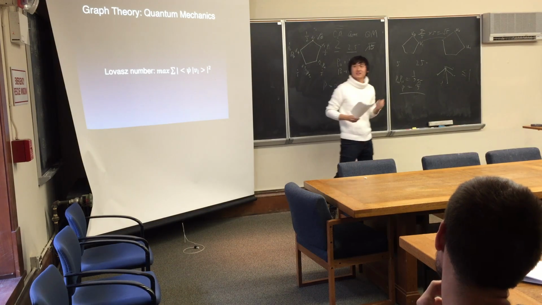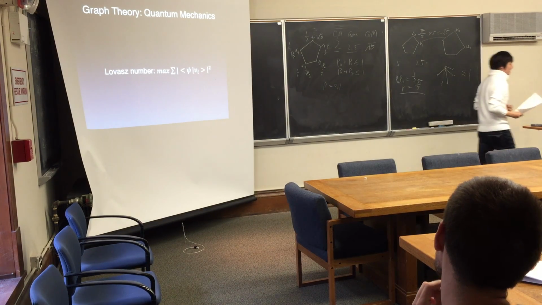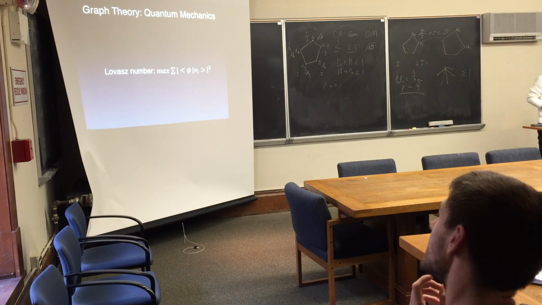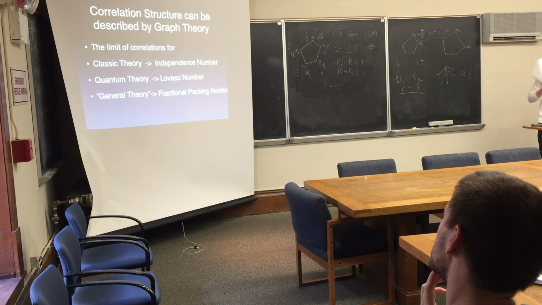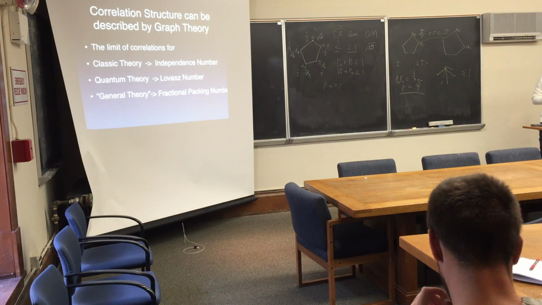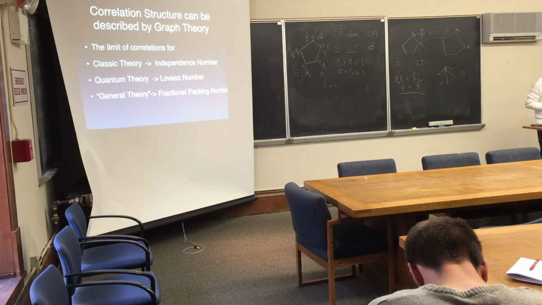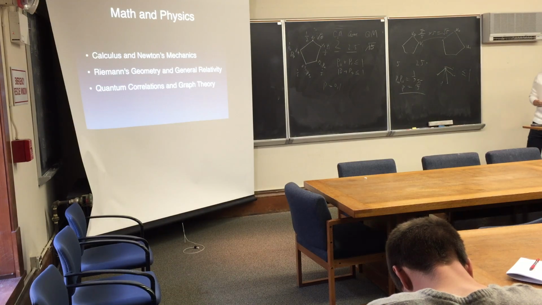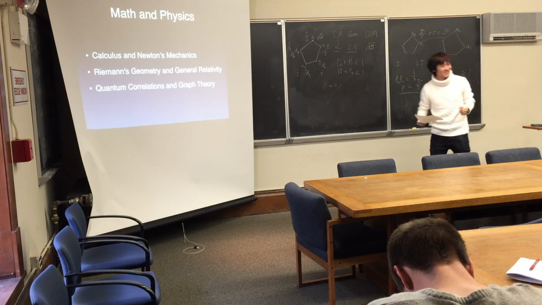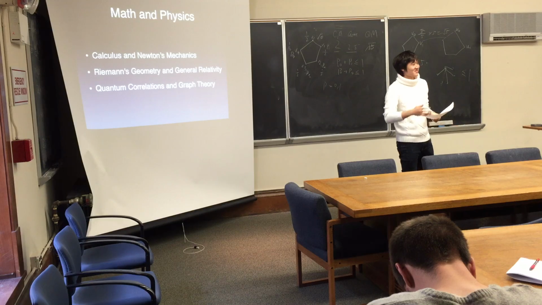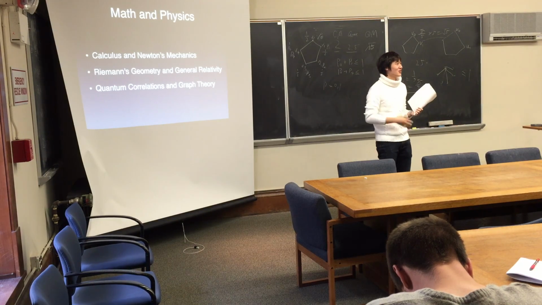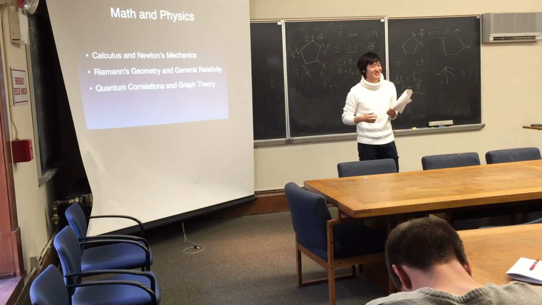So that's the main body of my talk, and it's all summarized here. A comment is that if you really think about this, it's nice because physics and math are always correlated with each other.